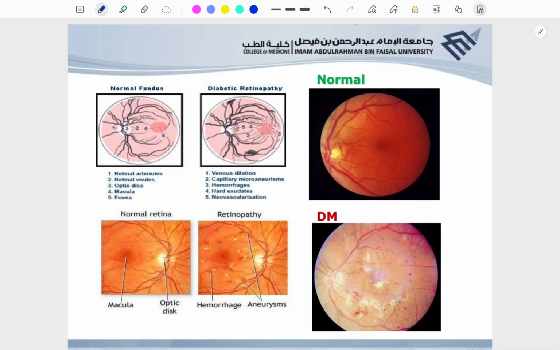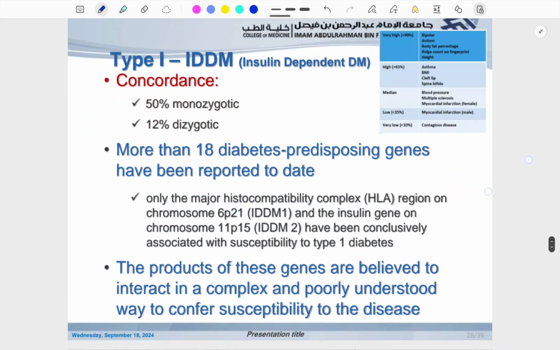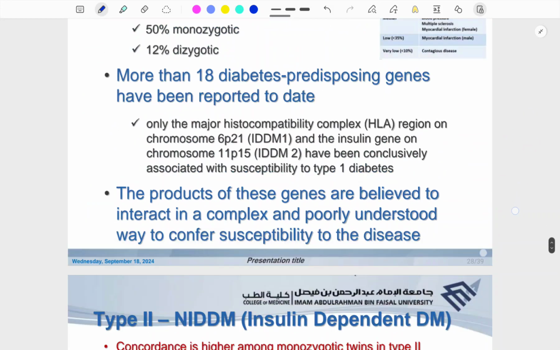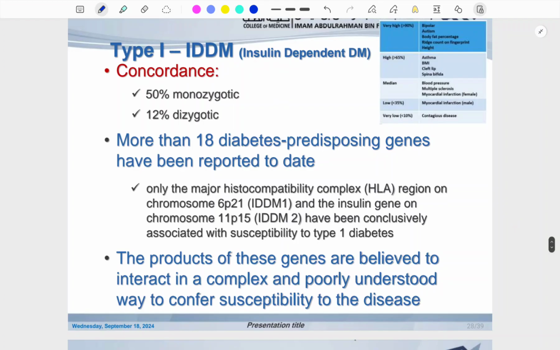Now, concordance in monozygotic, 50%. Meaning 50% of type 1 diabetes is genetic. And in dizygotic only 12%. More than 18 diabetes predisposing genes, which we knew 10 years ago.